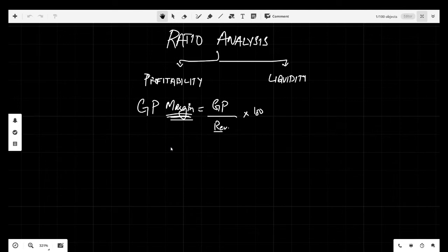Agreed? Okay. So if I draw just an extract of the statement of profit or loss, the statement of comprehensive income, from the financial statements, not the statement of financial position or balance sheet, I've got revenue, less cost of goods sold.